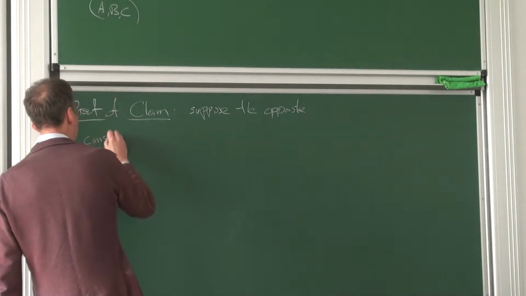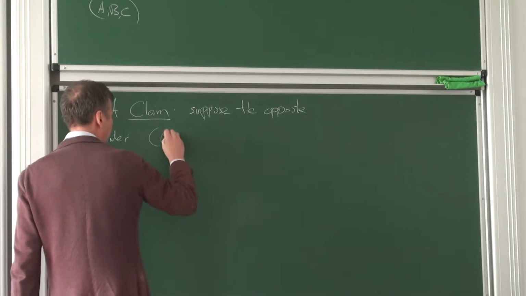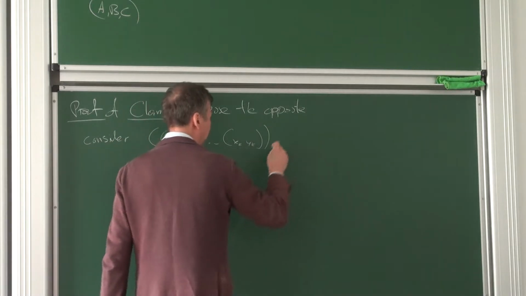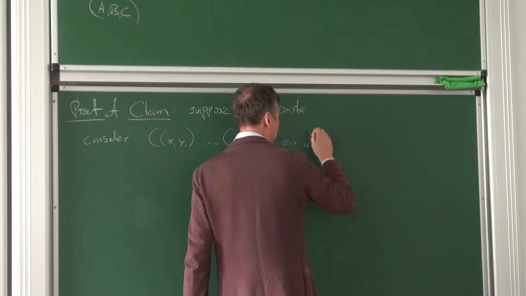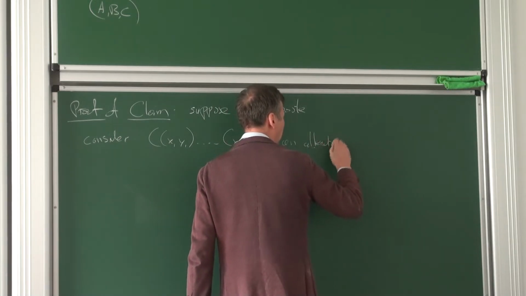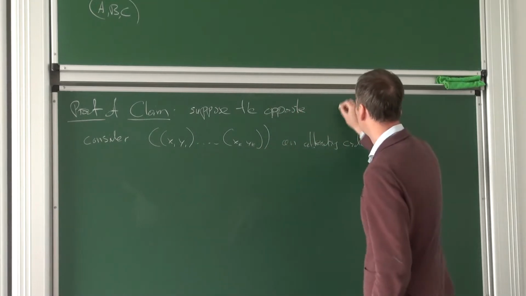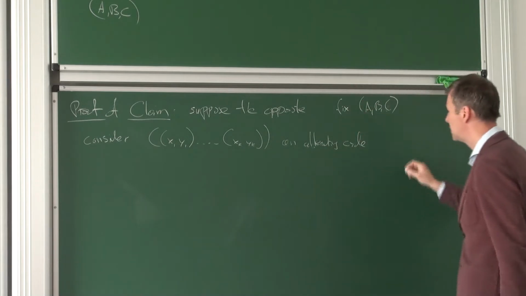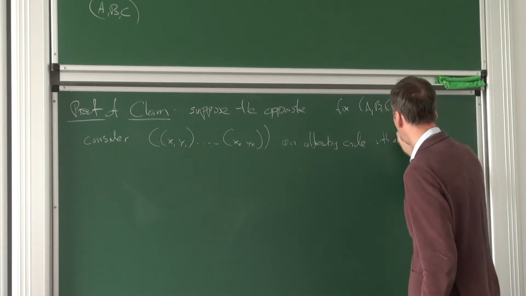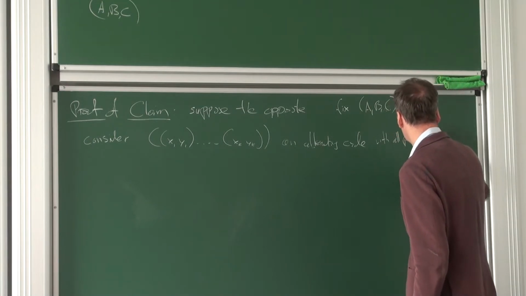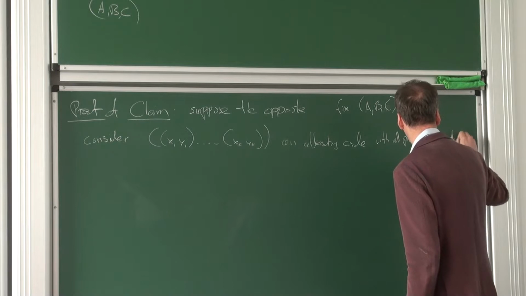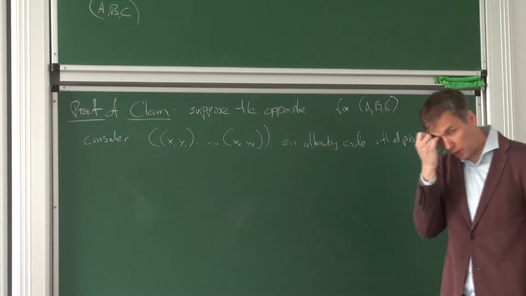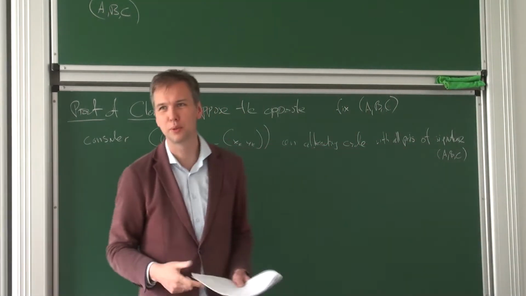Consider x1, y1, up to xk, yk, an alternating cycle. Fix, of course, ABC: an alternating cycle with all pairs of signature ABC. And we have to come to the conclusion that this is not going to work.